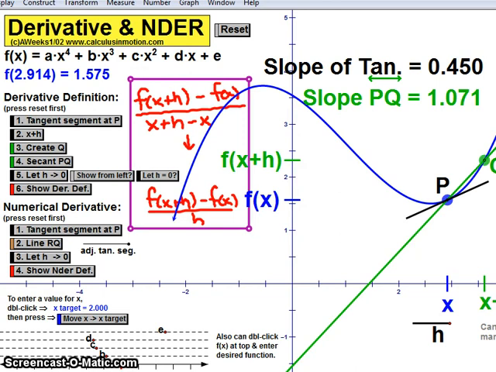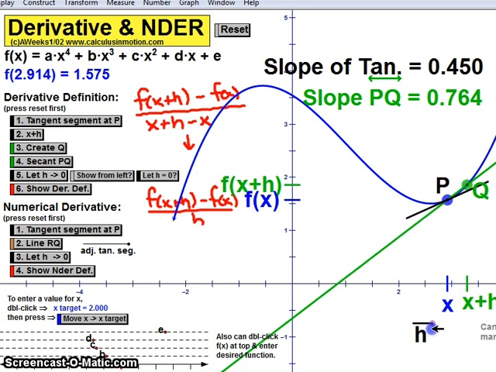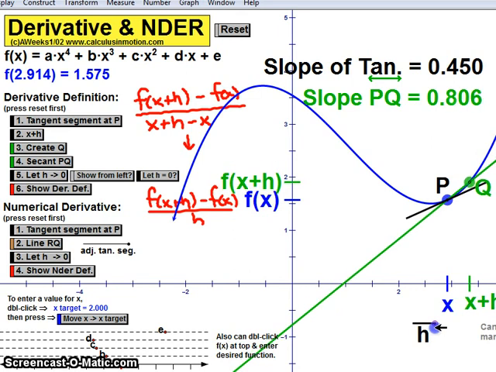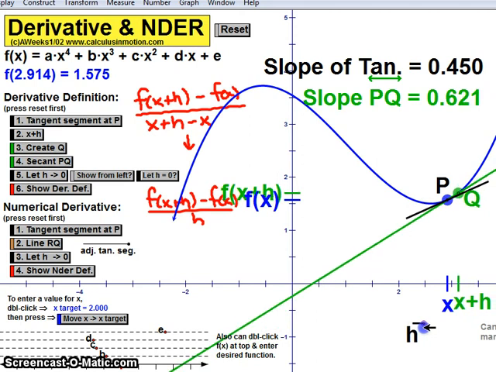To better estimate the slope of the tangent line, we can make h a little bit smaller. I can move those points closer and closer and closer. And as we can see, the slope of the green secant line is getting closer to the slope of that black tangent line. So all we have to do is decrease the length of h.